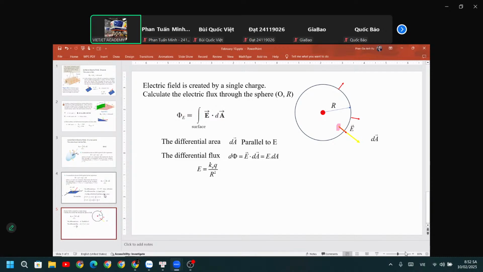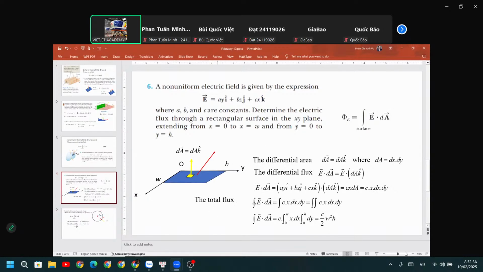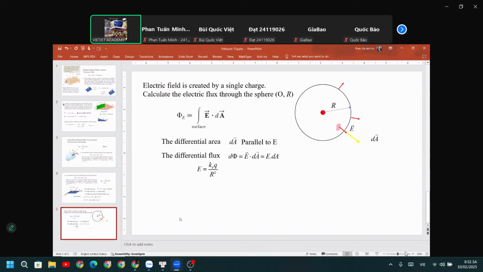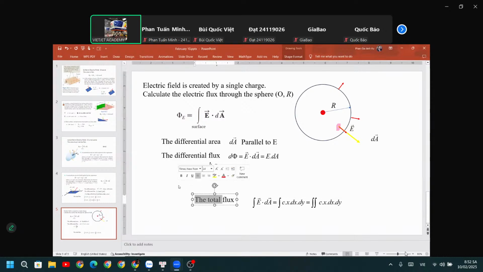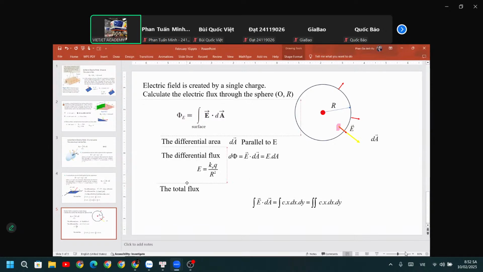So if we want to calculate the total flux, now it must be the integral, right? Phi equal to the integral. Then you can see that the E can be put out of the integral.